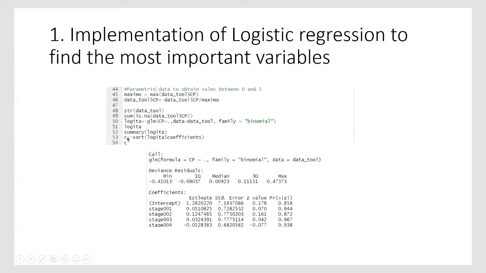We get the summary and then sort all the coefficients, to have the minimum values on one hand and the maximum values of coefficients on the other hand, to know which variables or stages affect the CP response value the most.